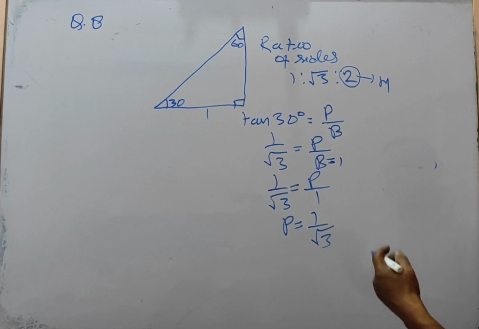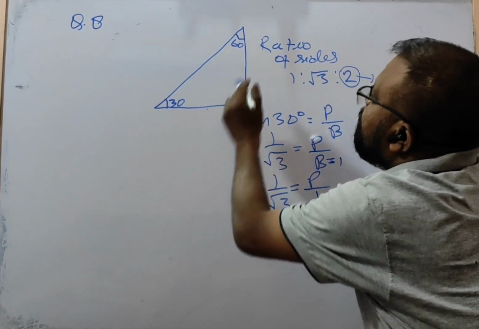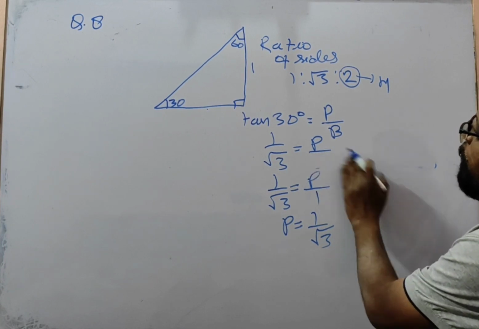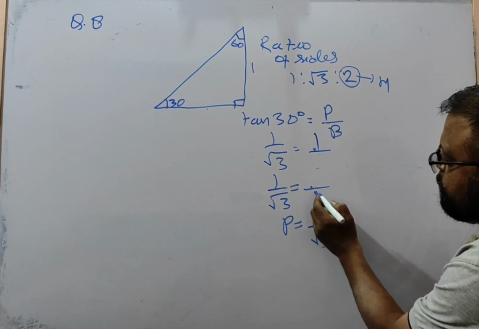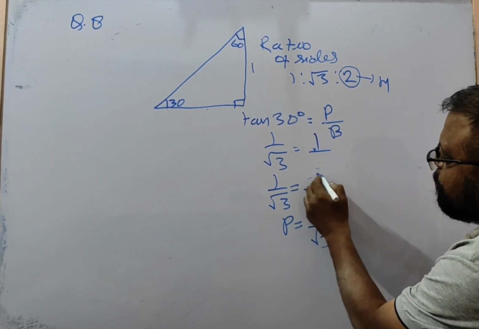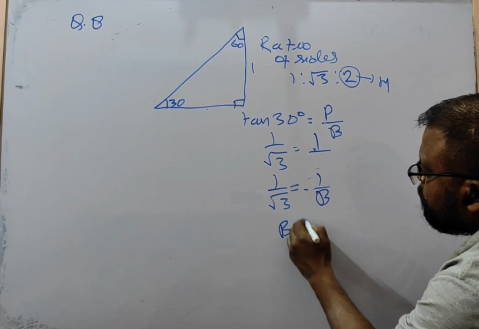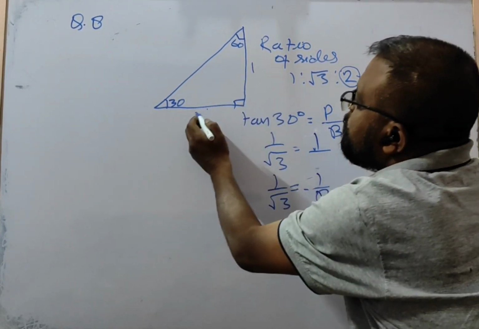When we take the ratio, P is 1 upon root 3, or if I take perpendicular as 1, then base will be root 3, right? Now this is 1, this is root 3.